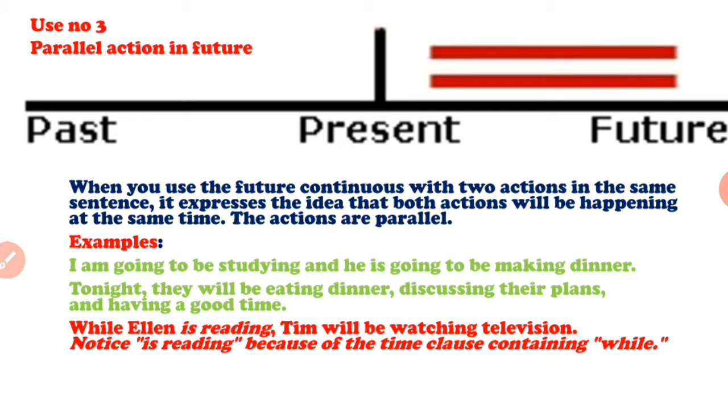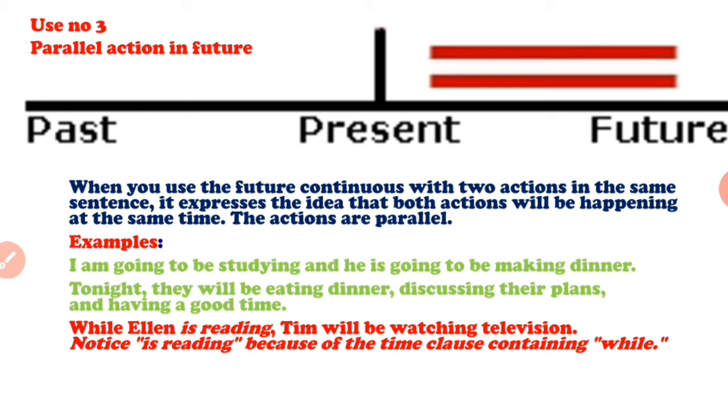Use number 3. Parallel action in future. When you use the future continuous with two actions in the same sentence, it expresses the idea that both actions will be happening at the same time. The actions are parallel. How? Examples you can observe.